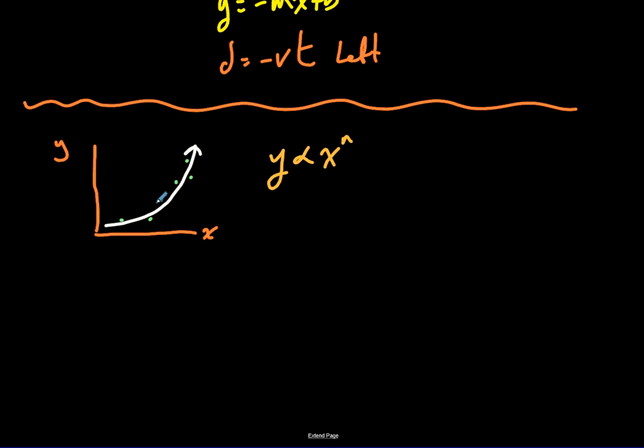Okay? They all look the same, all right? Whether this is x squared, x cubed, x to the 4, very rare, but maybe it happens somewhere in physics that I don't know of. If you have that, it's going to be curved in this way, all right? This is an exponential relationship of some sort. So x raised to the power of n.